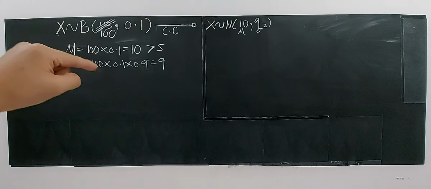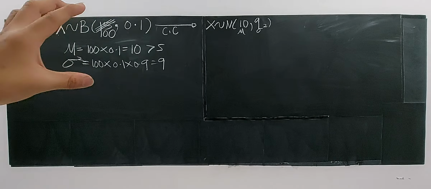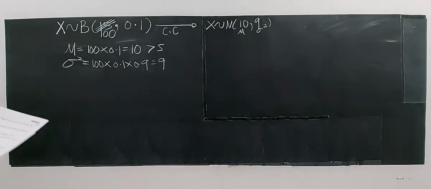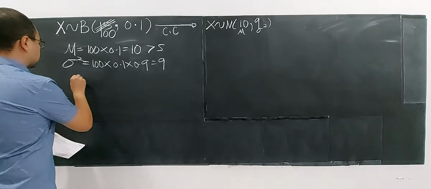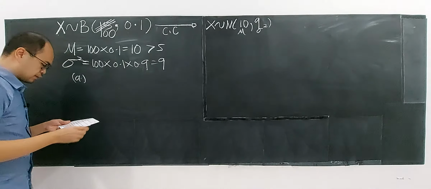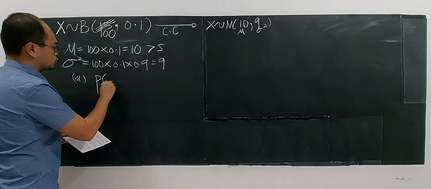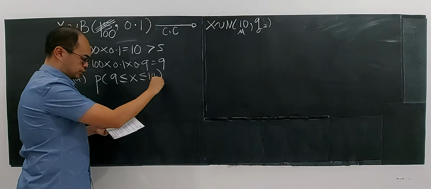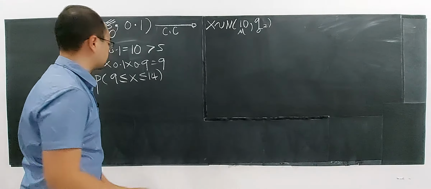So this condition here is telling us that we should use normal as an approximation. So they are asking us to approximate the probability that 9 to 14 patients are confirmed to be suffering from dengue fever.